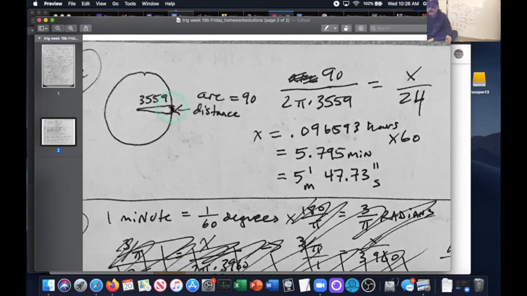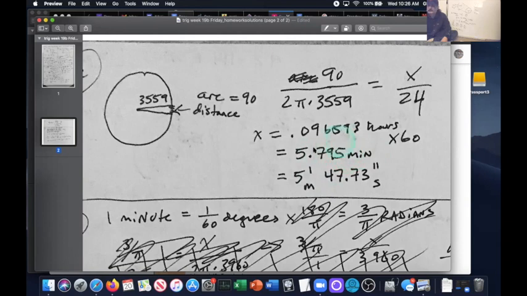Well, that means this distance of 90 had to have occurred. And so since we know the rotation is 24 hours, we can set up this proportion. 90 out of the total circumference would be how many hours out of 24? And so you do this, you get the hours, and it's less than an hour. So I want to convert that to minutes, so that's why I multiplied by 60.